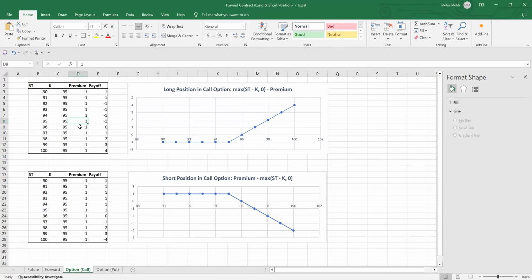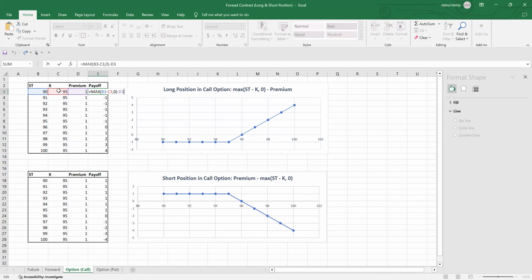Yes. Okay, perfect. So now if you see, at the maturity, as we know, the stock can take multiple values, let's say from 90 to 100. And similarly, because we have said we'll buy this at a predetermined price, and the premium is 1. We are paying the premium of 1. So I've just integrated this formula, which is nothing but the maximum of ST minus K comma 0, right?